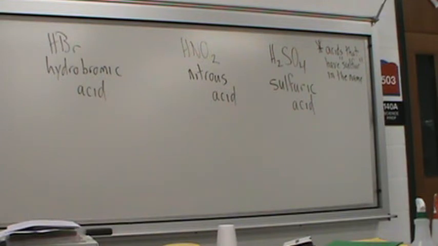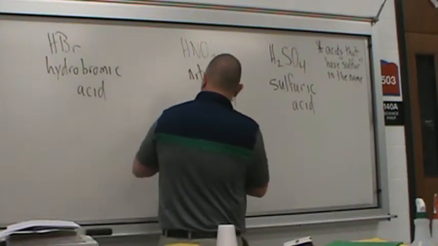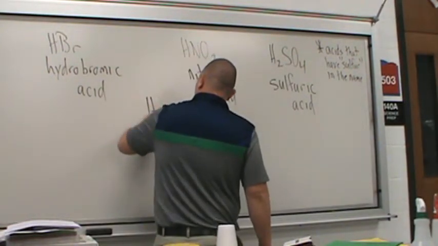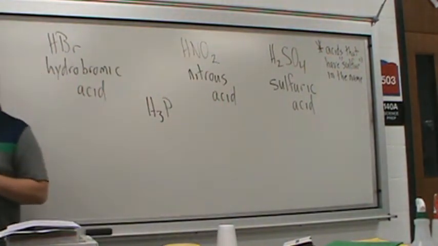There's another element that we have to watch out for in this situation: phosphorus. If we have phosphate or phosphide, we use the name phosphorus in the naming of the acid. Let's look at that example. H3P.